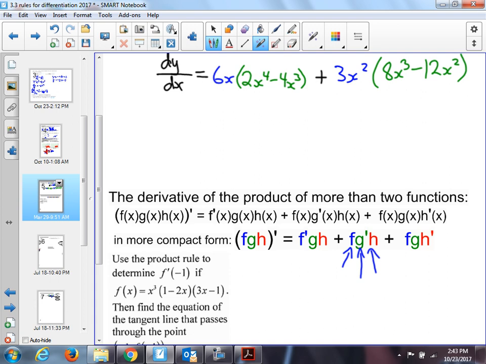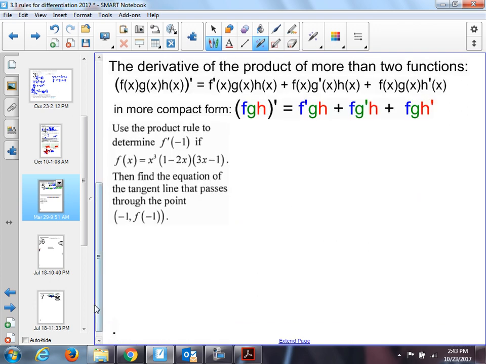You're just sort of moving that through. First two things left alone, derivative of the third thing. Yeah. Now this one here too wouldn't be that bad to multiply out. It's an option. But if you had brackets with a lot of things, like if it was trinomial terms and stuff inside there, you definitely wouldn't want to multiply it out.